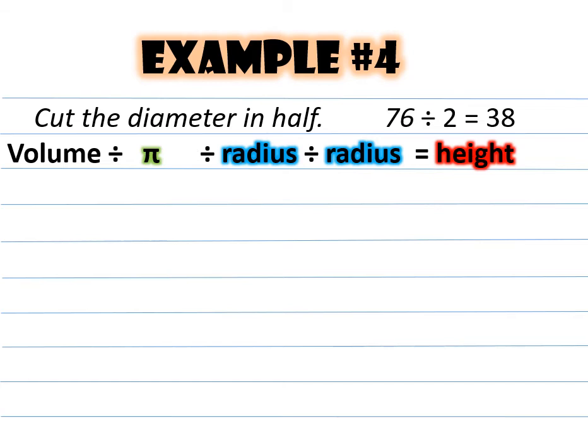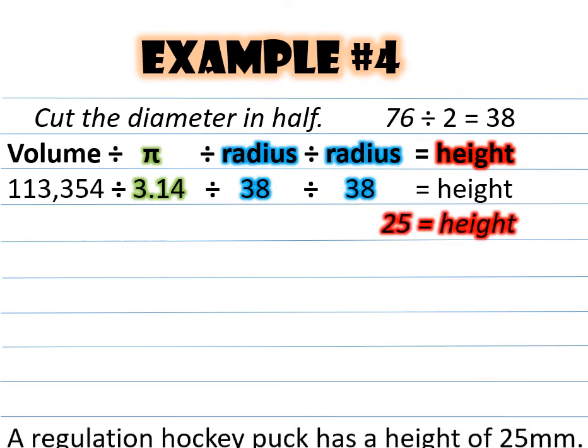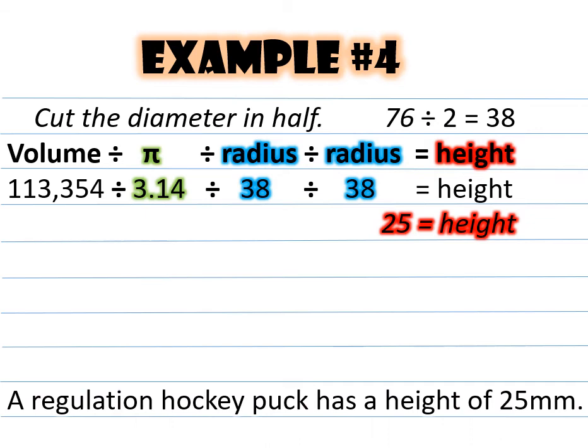That 38 is our radius. 113,354 is our volume. We're going to divide that by pi and then divide it by 38 and divide that by 38 to get our height. Obviously, we're going to use our calculator to solve this. And we end up with an answer of 25. That means a regulation hockey puck has a height of 25 millimeters.